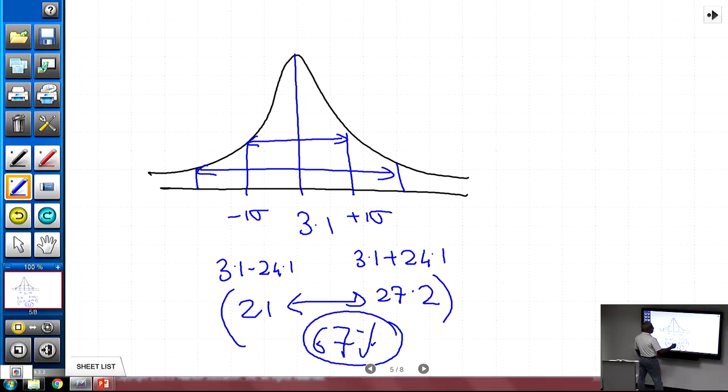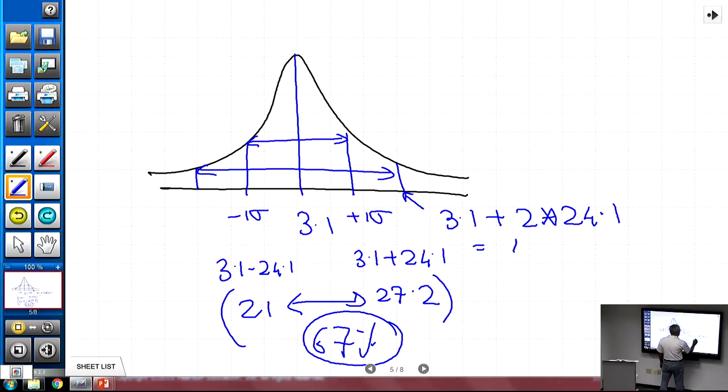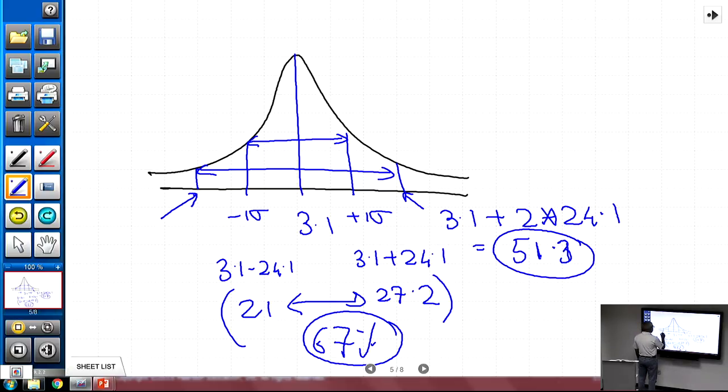So the 2 standard deviation points would be, I get 27.2 and add 24.1 to it. So this point would be 3.1 plus 2 times 24.1. So that would be 51.3. And this point over here would be 3.1 minus 2 times 24.1.